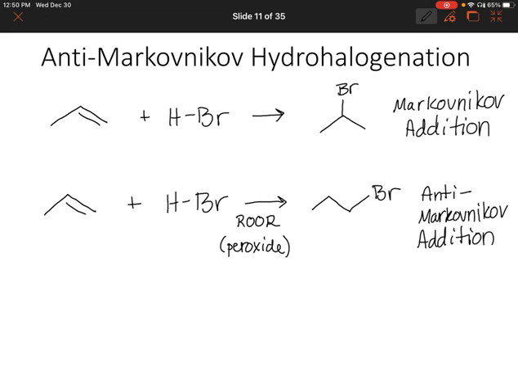And remember, radicals are basically something that has just one electron hanging out instead of a pair of electrons. And we're going to talk about radicals later on this quarter, so don't worry about it for now. And I'll just make a note here that you don't need to know the mechanism.